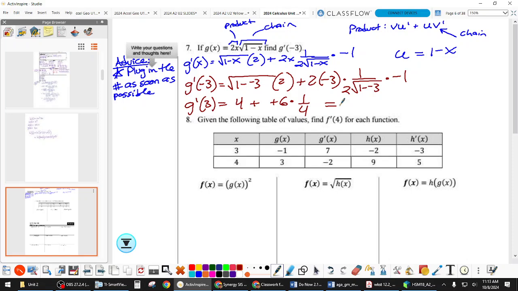Sorry, that's not 8/4. 16/4 plus 6/4 is 22/4, or 11 halves if we simplify it. Okay, so definitely plug in your value first.